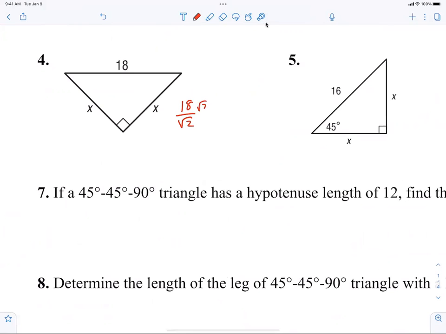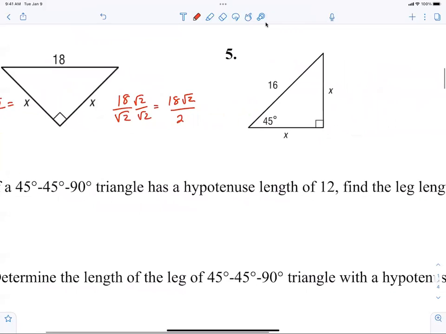Yes. So multiply by radical 2, I get 18 radical 2 over what? 2. And what happens to the 18 and the 2? To what? 9 radical 2. So that's what that is, 9 radical 2. And obviously the other side is also what? 9 radical 2. Simple, simple, simple.